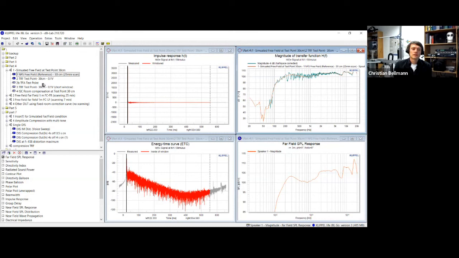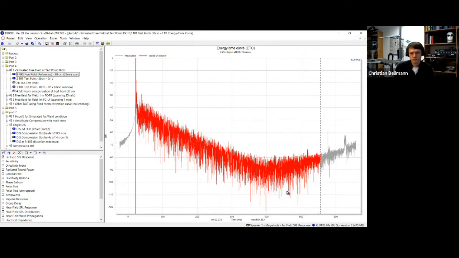Okay, I mean, we can also have a look with our time frequency analysis at the same curve, to see also the behavior over time, to see what the response of the room is. We see in the energy time curve already that we have about 400 milliseconds decay. That's what we see here. So this is the reverberation of the room. And Wolfgang, can you please also show the TFA time frequency analysis of this test point? Okay.